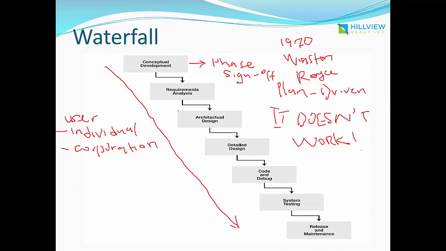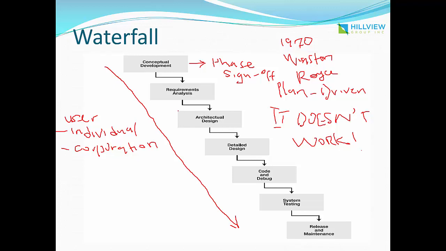So why do I say it doesn't work? Let me preface it by saying it's good in theory, but when you get to the field on a practical level, it doesn't work.